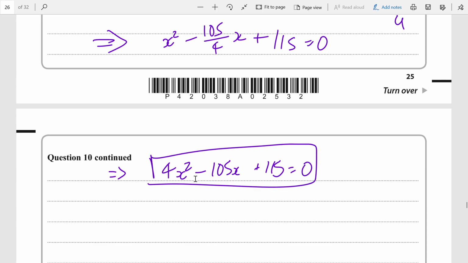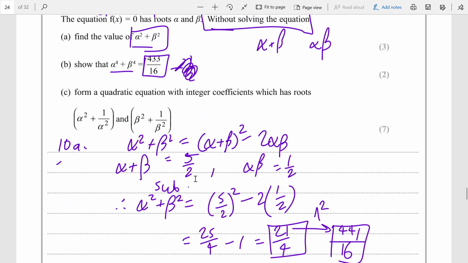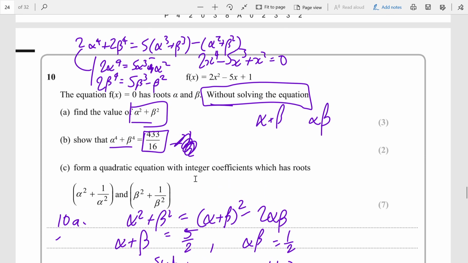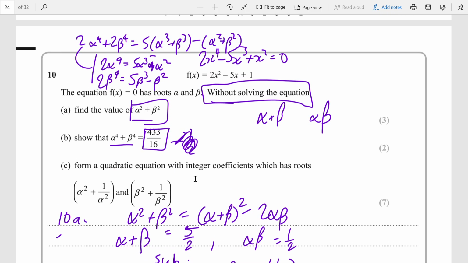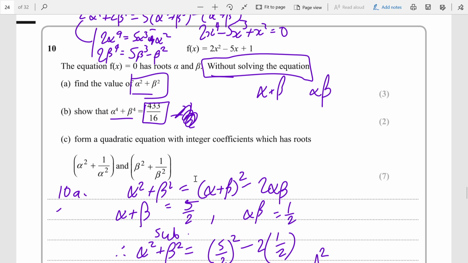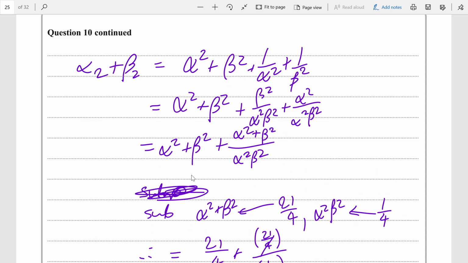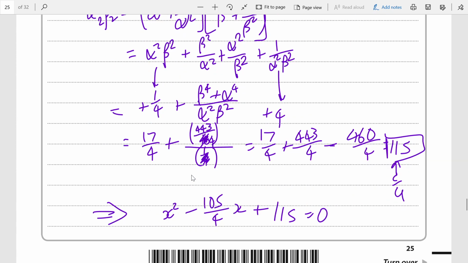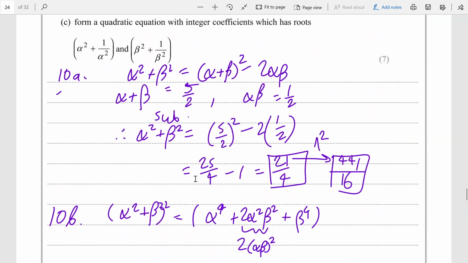Now if I do make a mistake, please comment if you find that I made a mistake, because again, this question is a lot of calculation, and we're 47 minutes in, so who knows what might happen. But the actual working should be sound, like my logic should be sound. Anyway, you can always check the mark scheme if you're just looking for an answer.